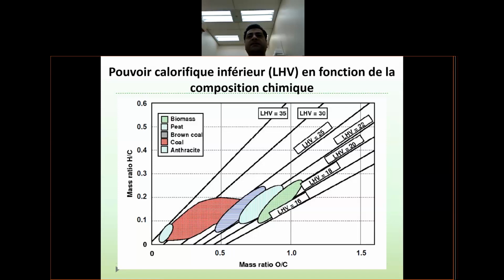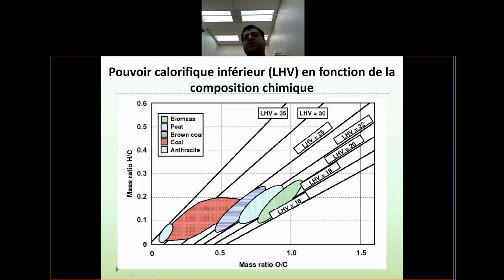You can see that, for example, in coal you have less oxygen, and your low heating value is much higher than a biomass that has higher oxygen content, with a low heating value, LHV, of 16.